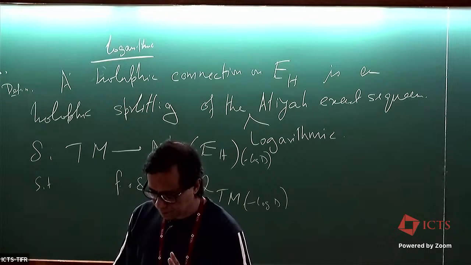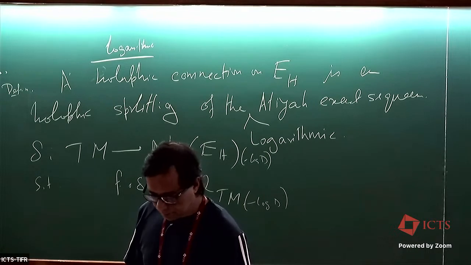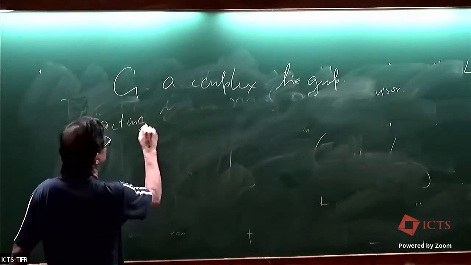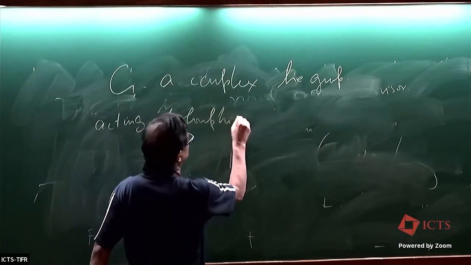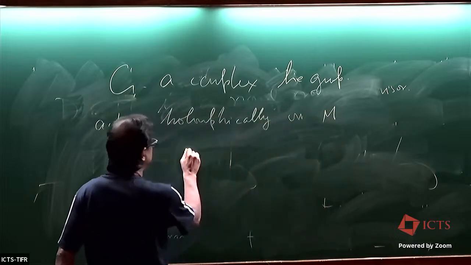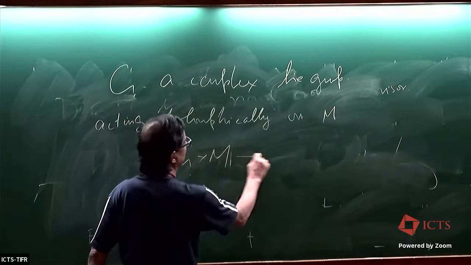Now suppose G is a complex Lie group acting holomorphically on M. So we have G cross M, and the action map is holomorphic.